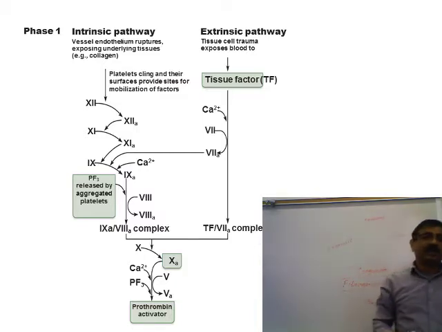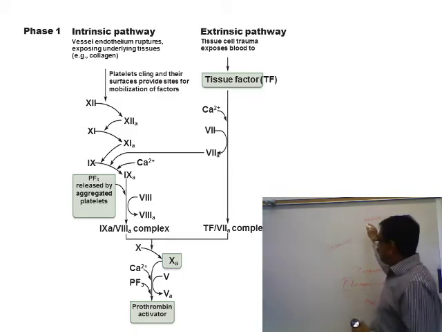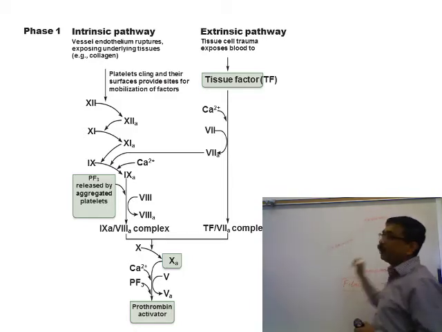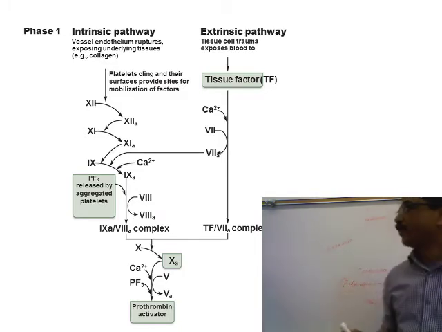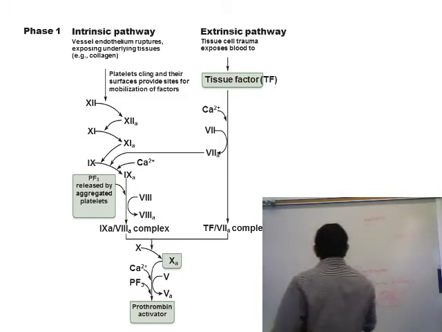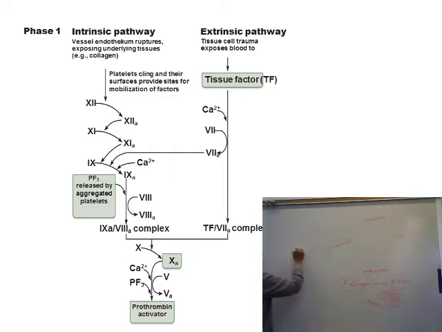Okay. So coagulation occurs in 2 pathways, extrinsic and intrinsic. Now, in your blood, there are a total of 13 coagulation factors present.